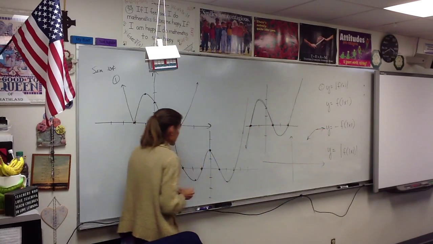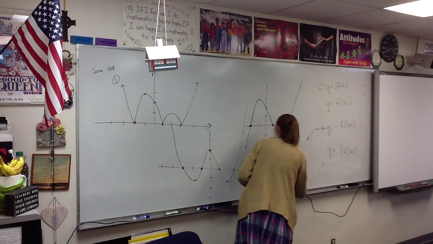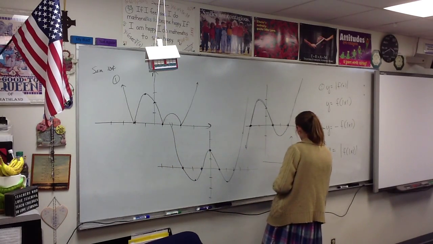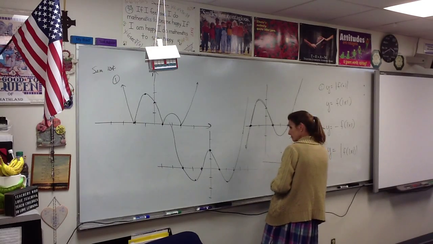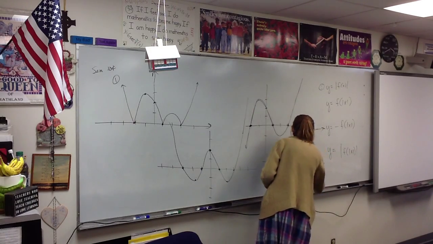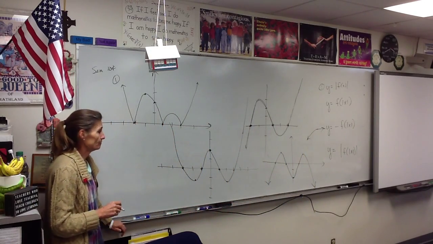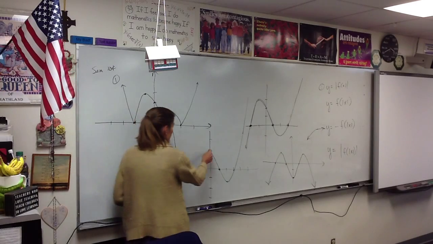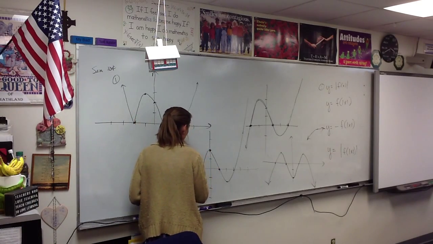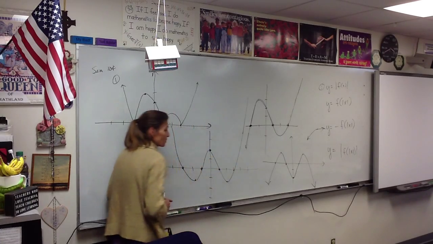I'm going to take this guy and turn him upside down. There's my M. Took this point, brought it down here, took these points and brought them up here, took these things and brought them down. That's what I end up with.